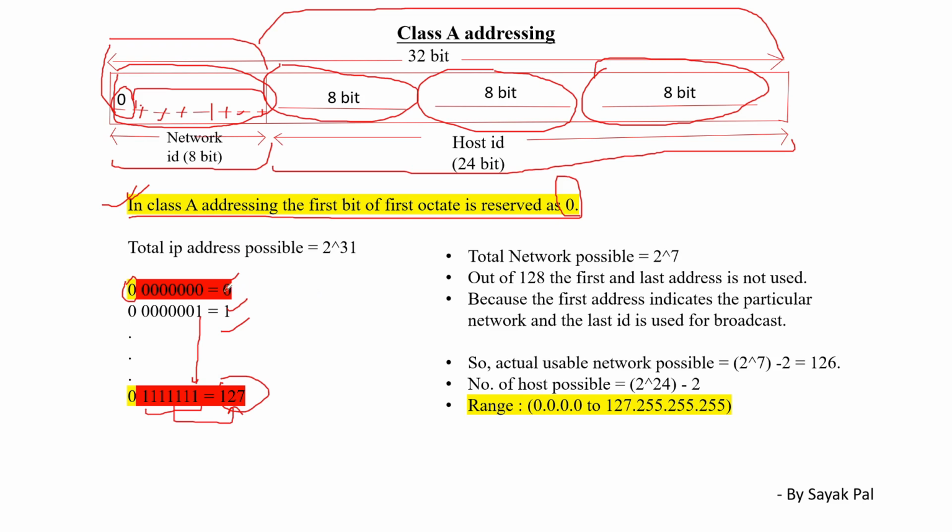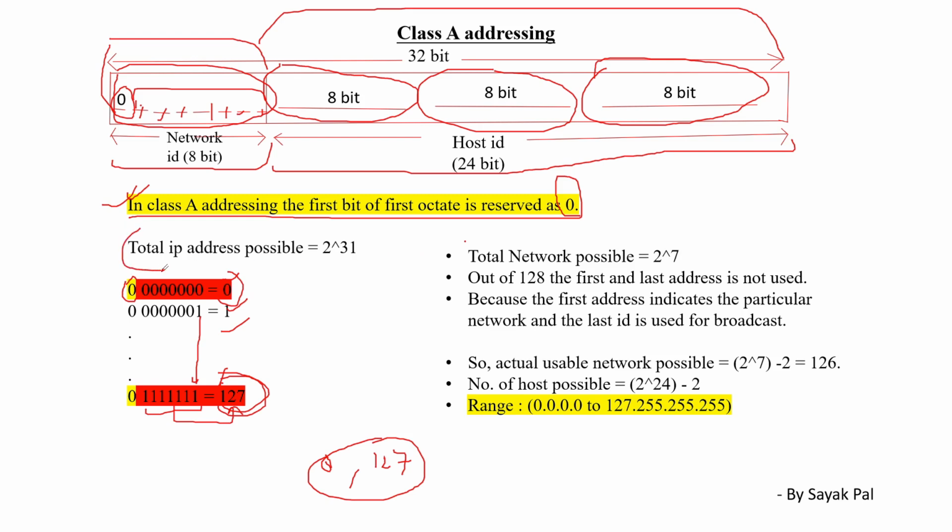Out of these, 0 and 127, the first and last, these two numbers are not used. The IP addresses starting from 0 or 127 are not used, because the IP address starting from 127 is used for loopbacks.